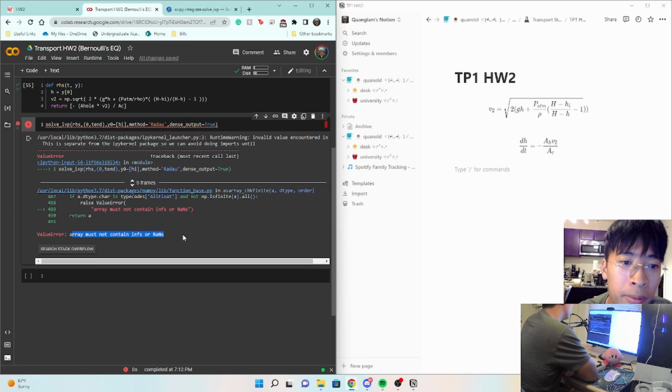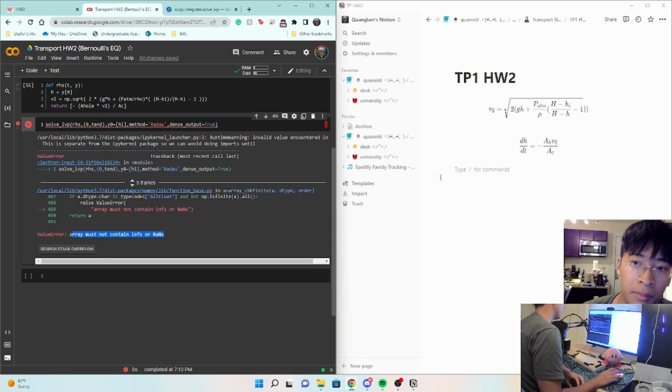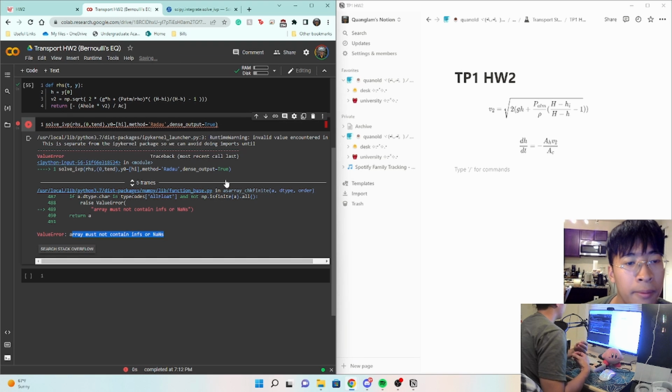If you recall, we expect our graph to look something like it drops a lot, and then it steadies out, and then it reaches a steady state where the height no longer changes. That's because you can think of it as the force of the pressure is no longer able to overcome the surface tension of the water.